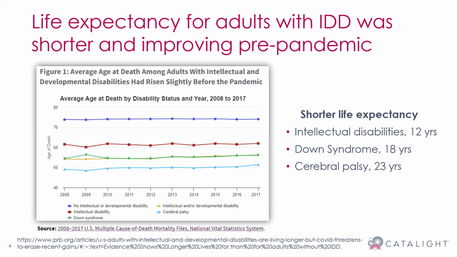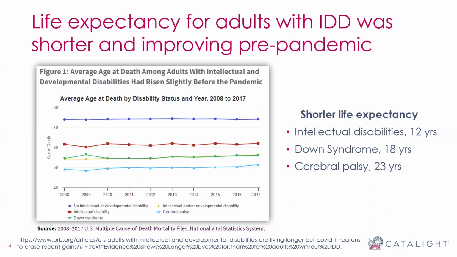We know, and many studies have shown, that life expectancy in adults with IDD is shorter than in adults who do not have IDD. Before the pandemic, it's interesting to note that life expectancy among those with IDD was improving slowly, but improving. The pandemic obviously had an impact on that.